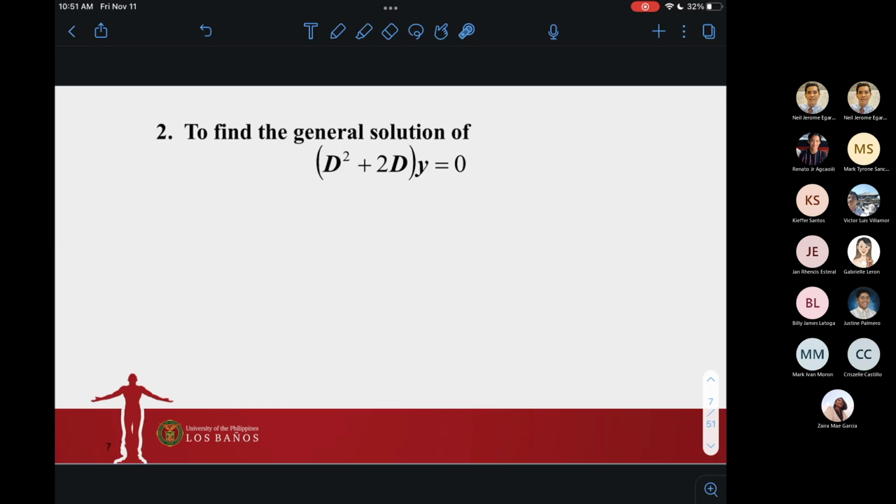Okay, another example. Here our auxiliary polynomial is f of m equals m squared plus 2m. We factor this. This is m times (m plus 2). Then I equate it to 0 to get the roots. So that means m is 0 or m is -2. The auxiliary polynomial is quadratic, and the fundamental theorem of algebra tells us there are at most two complex roots.